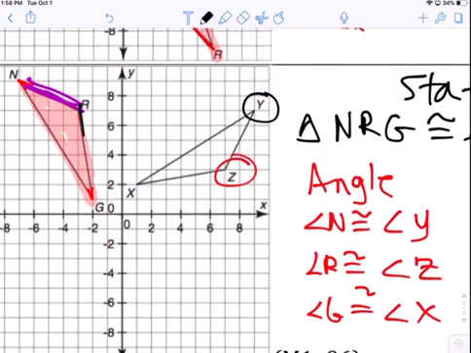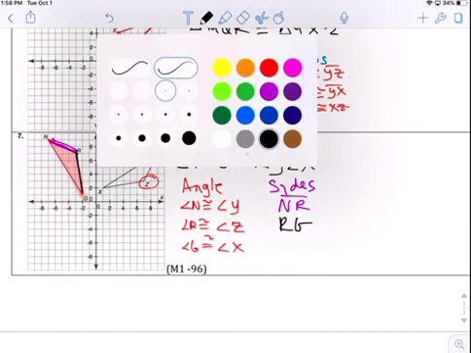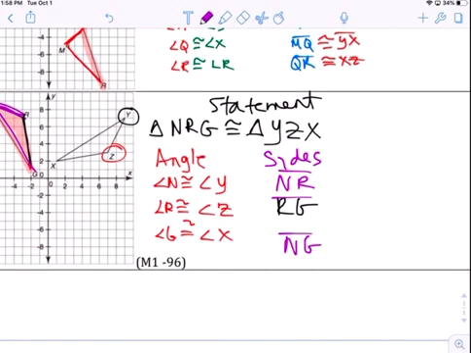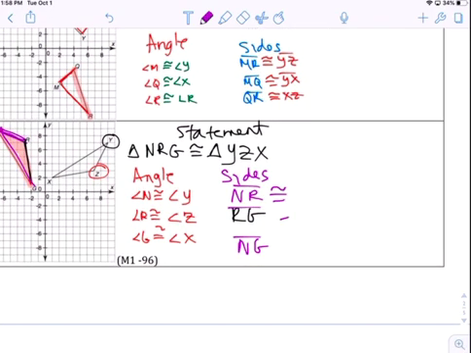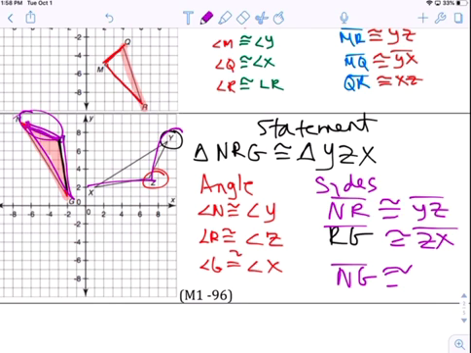And then R to G, and the last one is N to G. It's congruent to: N to R is congruent to Y to Z. R to G is Z to X. And then N to G is Y to X.